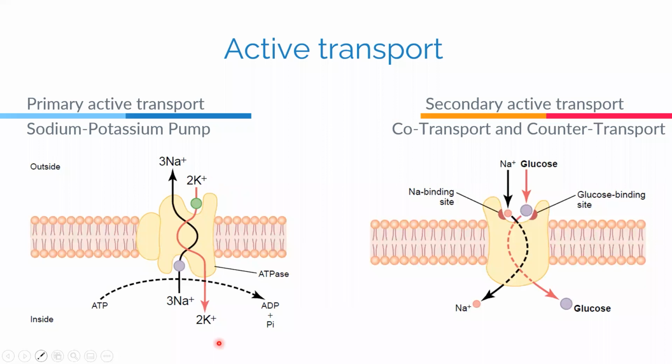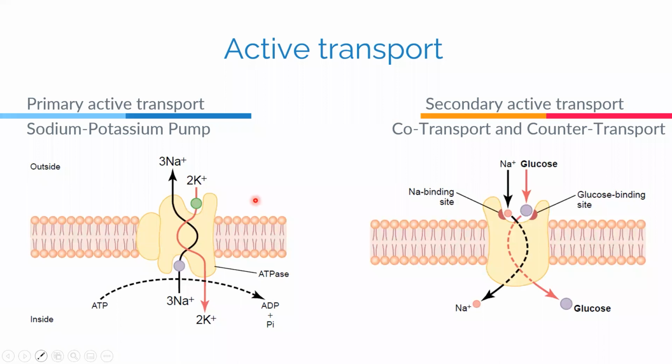Thus, we have movement of sodium, which is present in high concentration outside the cell, to the outside, and the reverse in the case of potassium. Both of them are moving against the concentration gradients. This whole process requires ATP, and thus the sodium potassium pump has an ATPase activity as well, which utilizes the energy released in order to transport these ions across their concentration gradients.